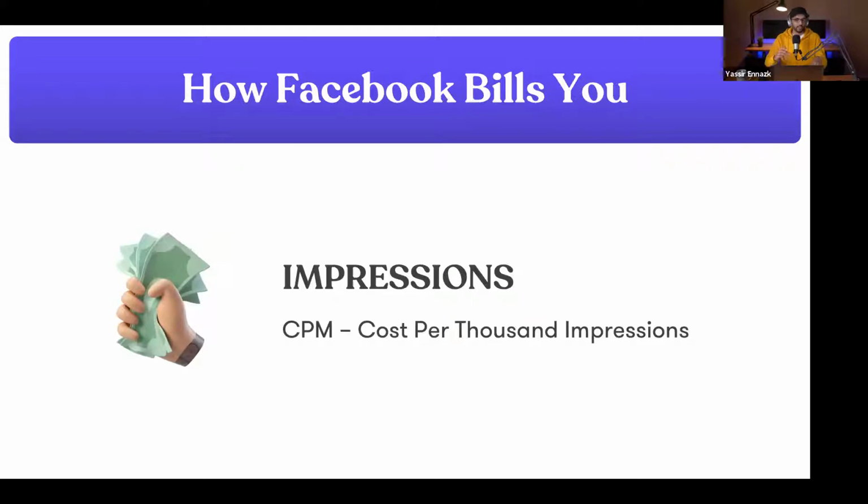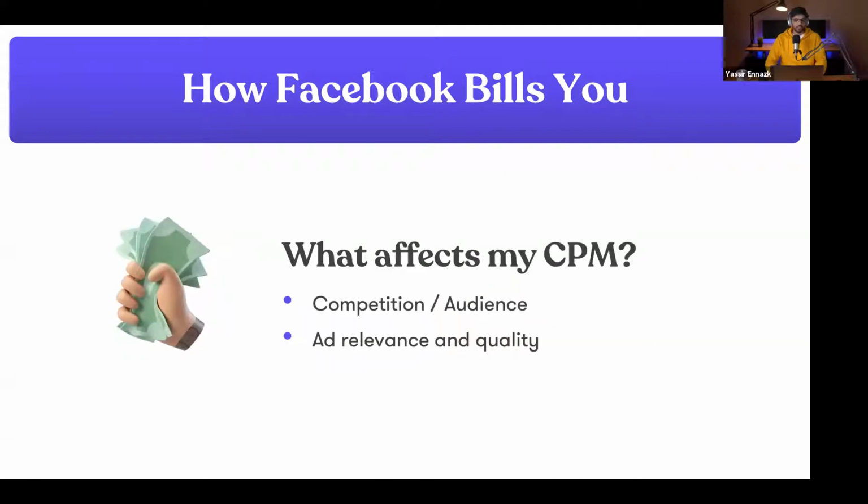Now, how many clicks or purchases you get is up to you to improve. Facebook sells you the impressions, and it's up to you to convert those impressions into actual customers, actual leads, etc.